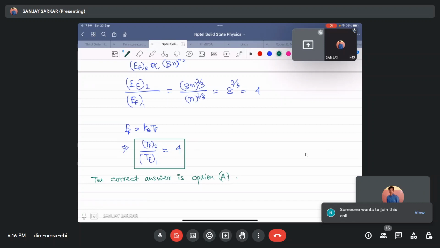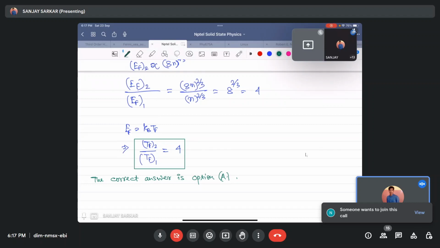Sir, how can we calculate the extrinsic semiconductor, P type and N type? You want to calculate what? The number density. Not for extrinsic carrier configuration. I don't get it. Is this question in any assignment?